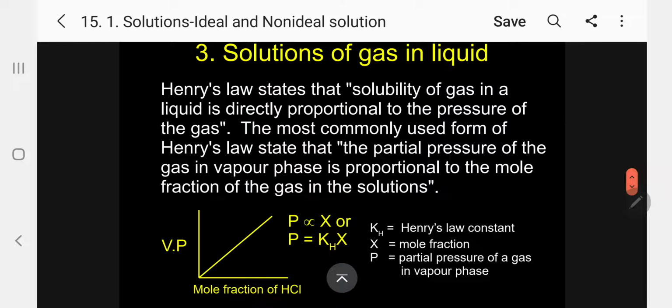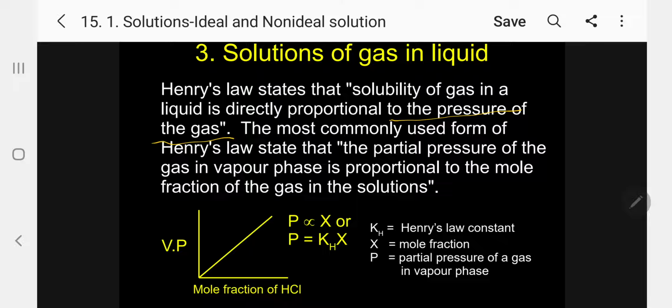Henry's law states that the solubility of a gas in a liquid is directly proportional to the pressure of the gas.